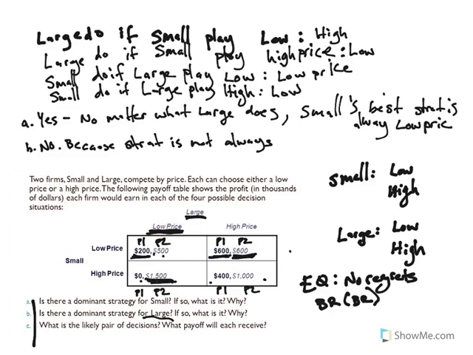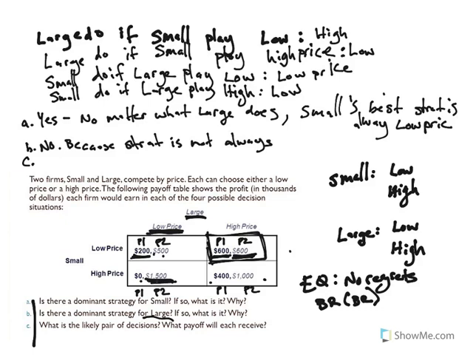Okay, now let's turn our attention to part C. What is the likely pair of decisions? So if we saw this game played in the real world, what would the outcome be that we would expect to see? If we saw this game played over and over again by firms, what would we see them typically do? The likely pair of decisions is that Nash equilibrium, right?